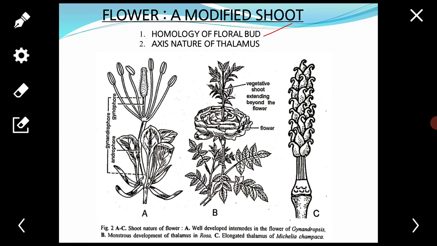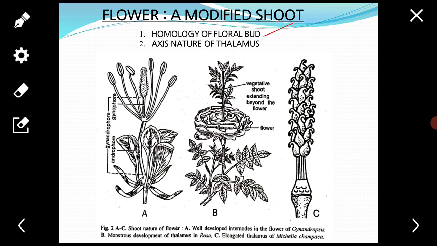This is supported by 2 facts. One is the position, second is the modification. According to the position, floral and vegetative buds both occur in axillary or terminal positions.